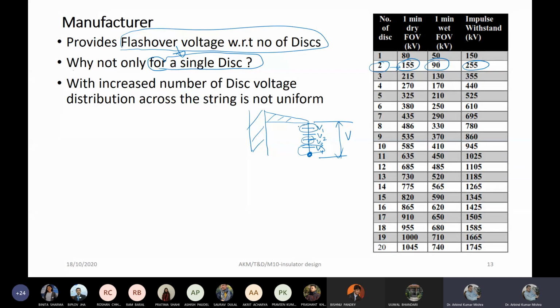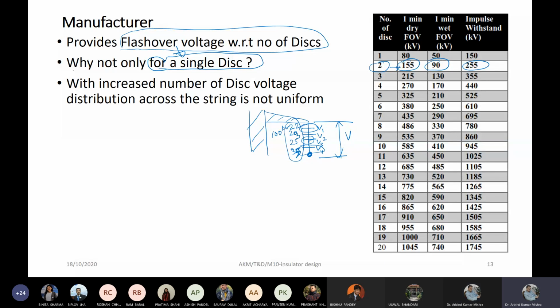So what does it mean? If I apply 100 kilovolt and the distribution is, say, 35, 25, 23, and 22, the sum is 100 kilovolt.